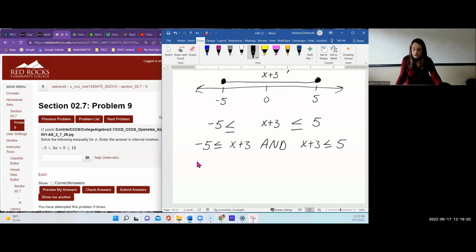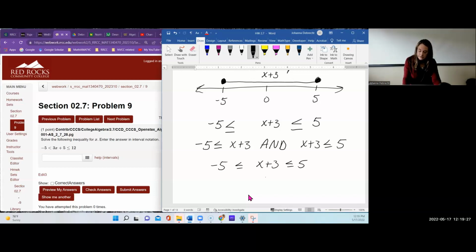If I had the variable showing up in more than one location, not just the center, but on one of the endpoints, then I would have to split it into the 2 equations and solve them separately. Because this is written, however, with the variable only in the center, I can solve it directly by leaving it in the center and isolating the variable in the center.